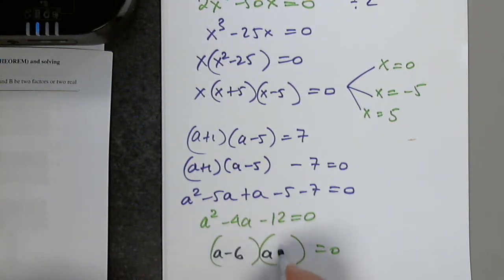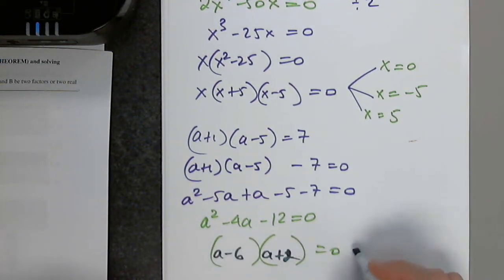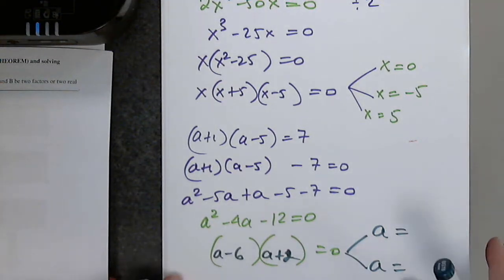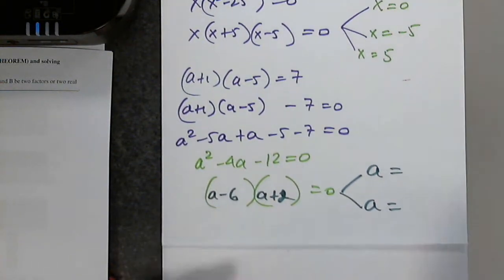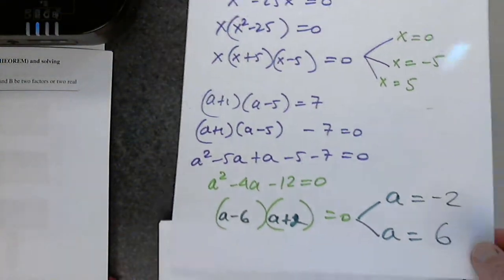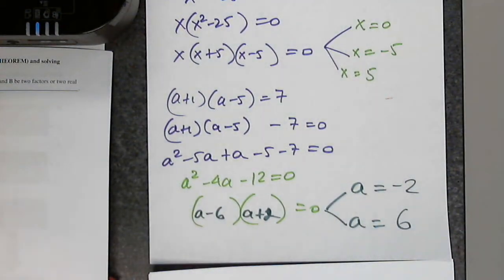Very good. a minus 6 and a plus 2. And then I have a equals, a equals. Can anyone give us the solutions? Well done. -2 and 3. Excellent. That's it. We factored and we used the zero product principle, which means 0 on one side, a product on the other.